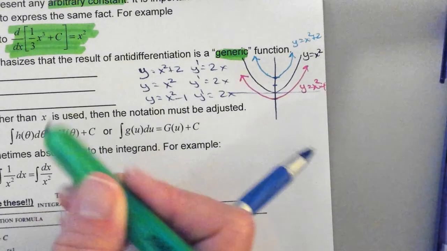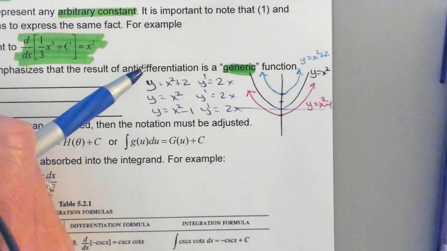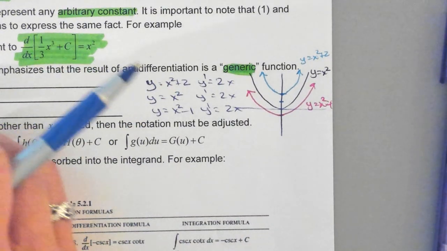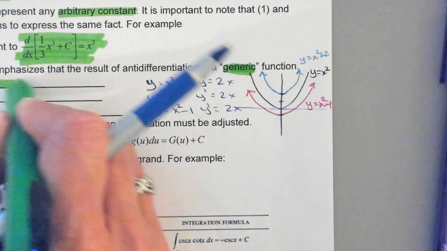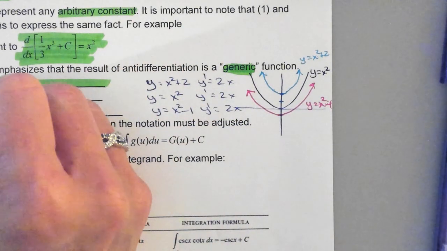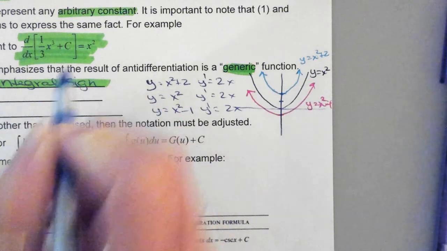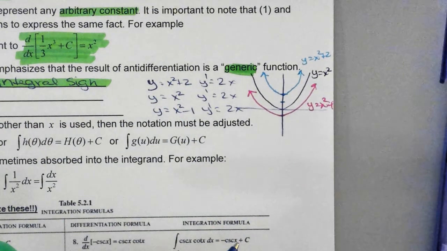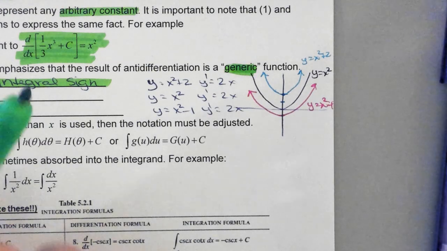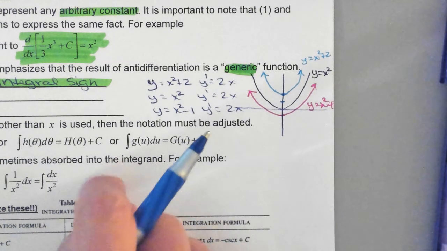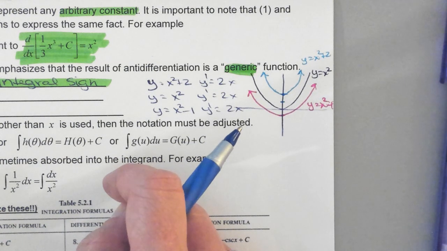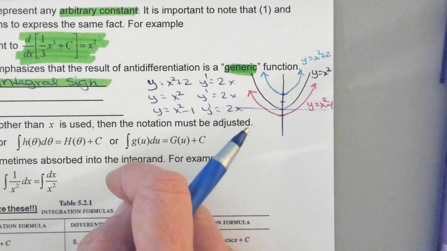All right, so what we have is this notation here. The elongated s is known as the integral sign. If you have a square root, what is the thing underneath the square root called? Yeah, the radicand.